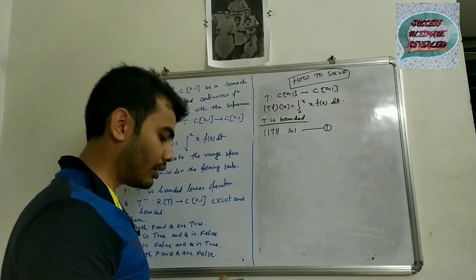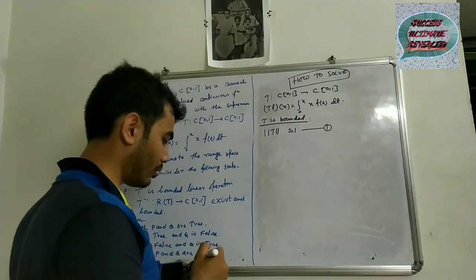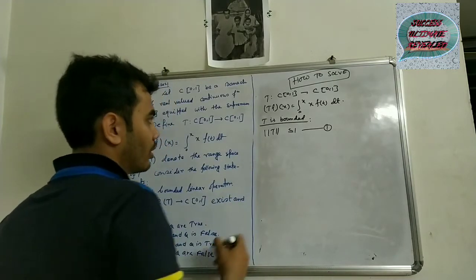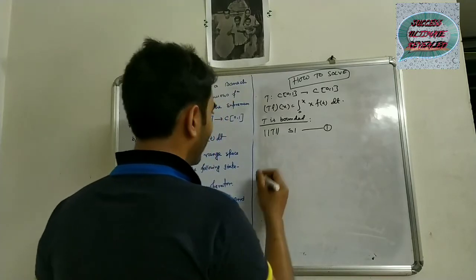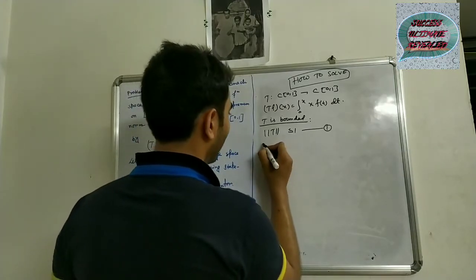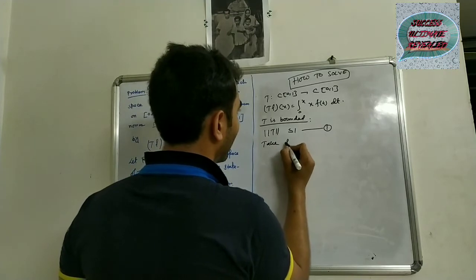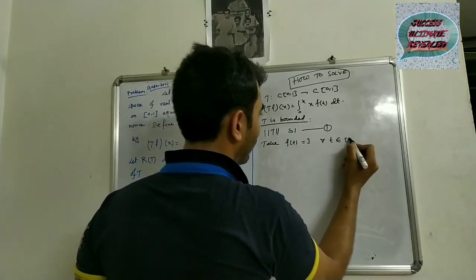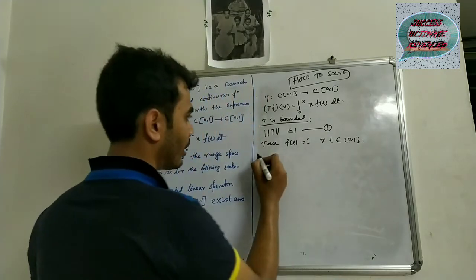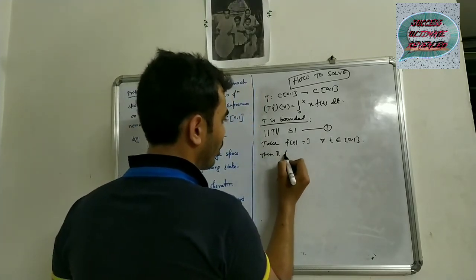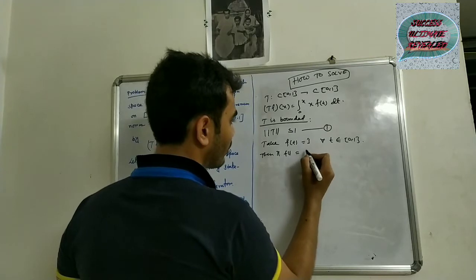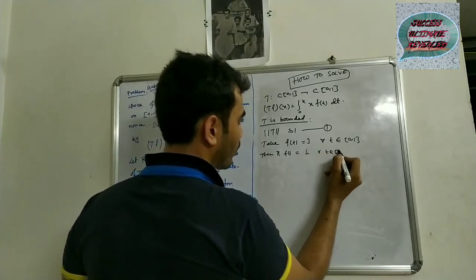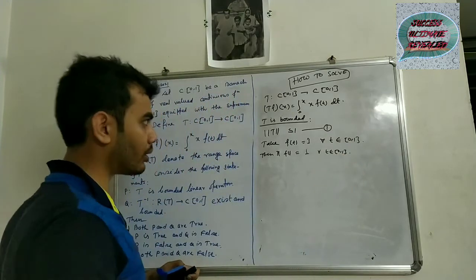Now we claim that norm of T equals 1. Okay. So we prove that norm of T is greater than or equal to 1. So take f(t) equal to 1 for all t belonging to [0,1]. Then norm of f equals 1. Clear?